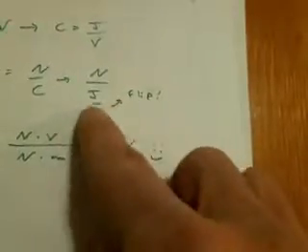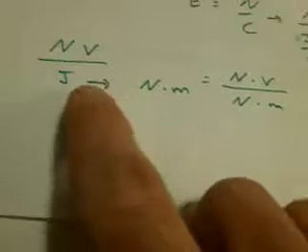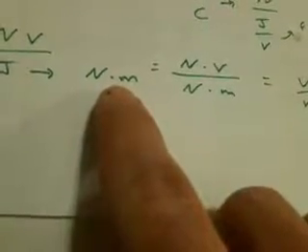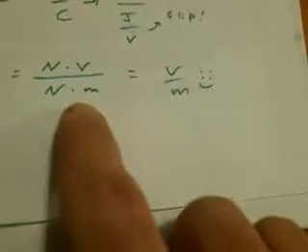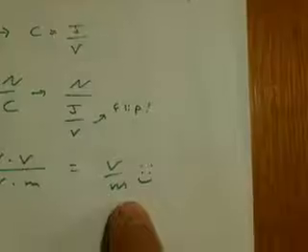I can then simply flip that denominator, and it becomes a newton volt per joule. And again, remember, a joule is simply a newton meter. So then it becomes a newton volt per newton meter. The newtons die, and that is a volt per meter. So, okay, it's just weird. A volt per meter is the exact same thing as a newton per coulomb. Huh? Fascinating, I tell you what.